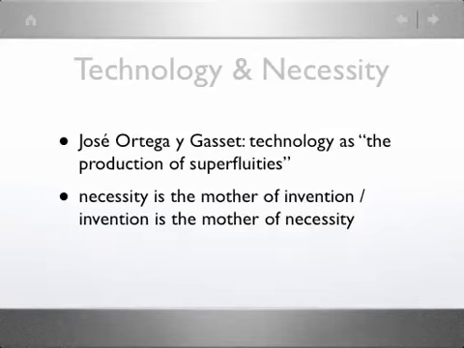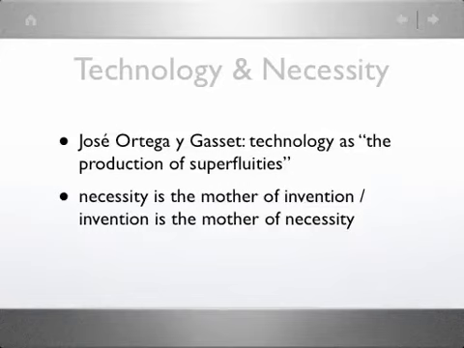And then another passage related to technology and necessity. Nye cites the saying, necessity is the mother of invention. And of course, that phrase means that something is needed.